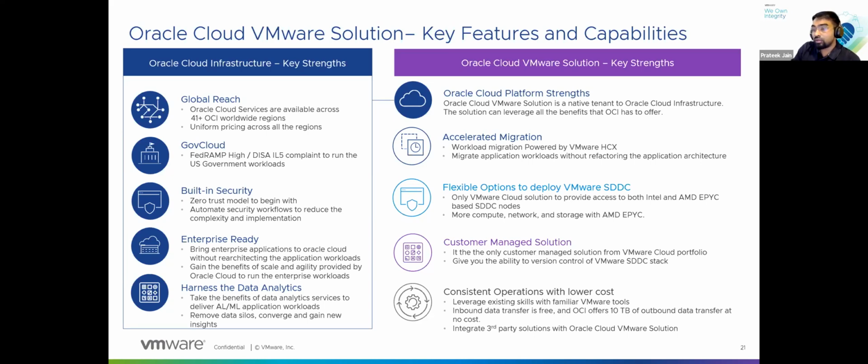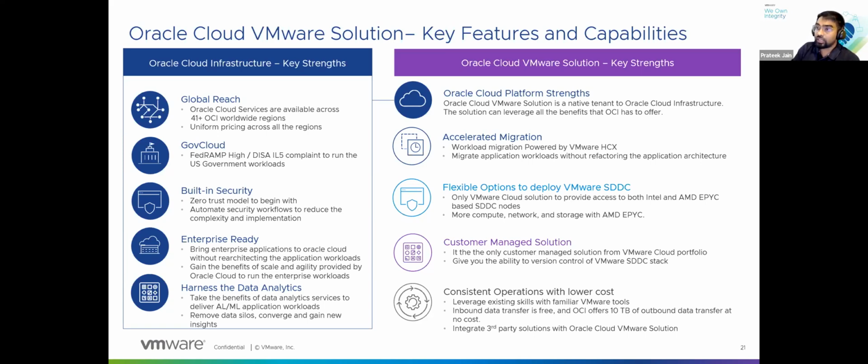And this is one of the other features that Oracle has. Oracle provides consistent pricing worldwide. So it doesn't matter if you're running workloads in US, UK, Europe, or APAC. The pricing for OCVS nodes worldwide is the same, and it's similar to all other OCI services as well.